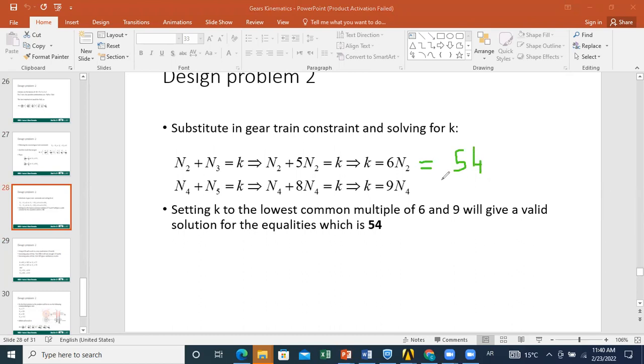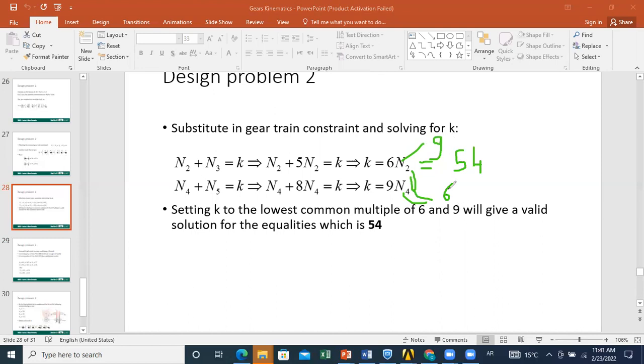Okay, so n2 is equal to 9. n4 is 6. If you solve for n2 and n4, n2 you get 9, n4 you get 6. So one of your pinions will have 6 teeth and the other will have 9, and both are not acceptable already.